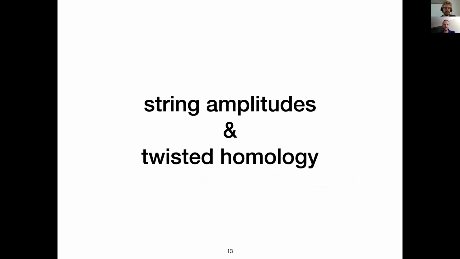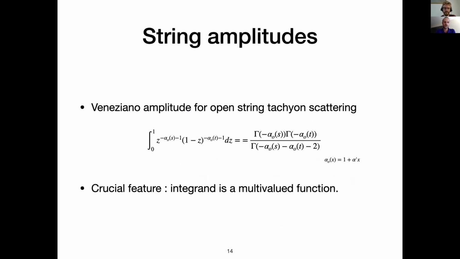So now let's come to string amplitudes and twisted homology, unless there's a question. Right, so here is one amplitude, a famous one. It's the Veneziano amplitude for open string tachyon scattering. It's an integral from 0 to 1 of this complex variable z.